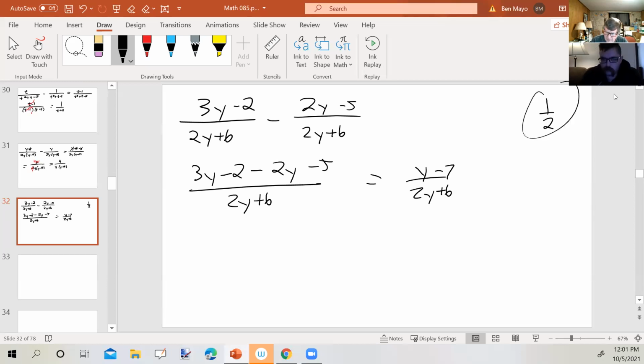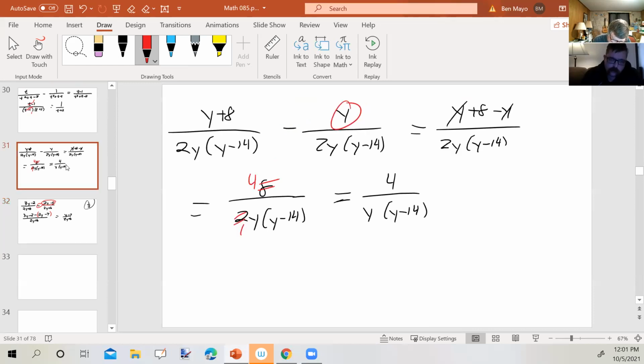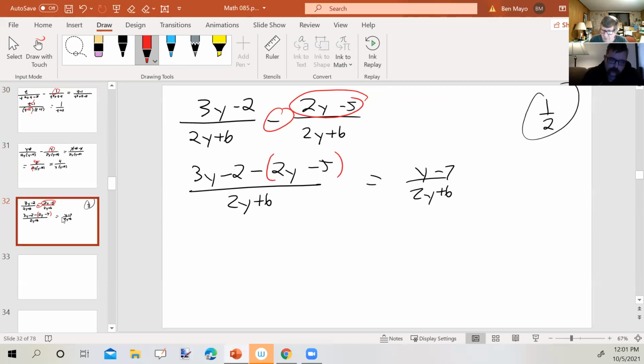Well, how in the world did I come up with 1/2? Well, there's something wrong with what I did. Right here, that needs to be grouped because you're subtracting that entire quantity. Now in all these previous examples, we were only subtracting a single term, so it didn't become obvious. But here I'm subtracting that whole quantity 2y minus 5. So what's that going to do?